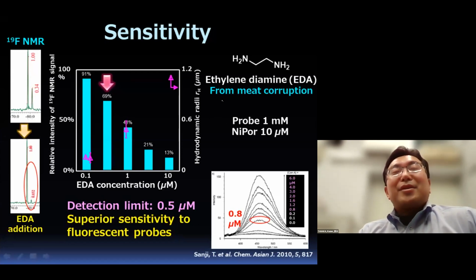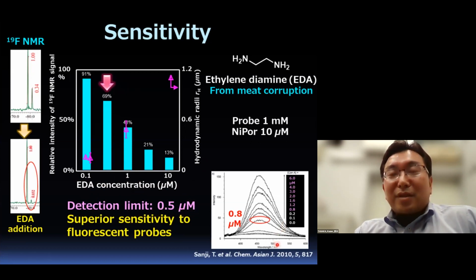By adding the amine molecule, we monitored the change of MR signal. If we obtain a smaller MR signal, this means the detection is accomplished. And by changing the target concentration, we obtained a detection limit of 0.5 micromolar.